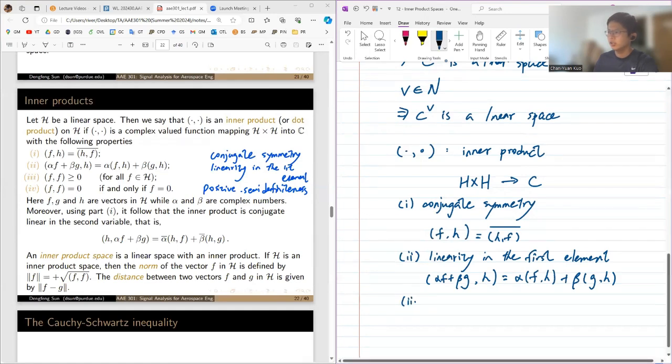Now the third and the fourth property are called the positive semi-definiteness.